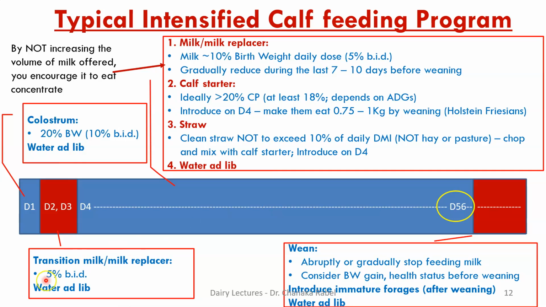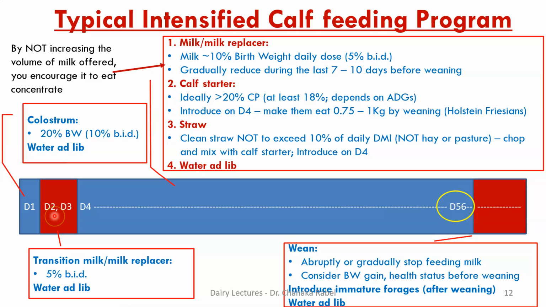So here, 20% of the birth weight on day 1, and day 2 onwards, 10% of the birth weight, which is 5% twice a day. So if it was a 40 kilogram calf, here we gave 8 liters, which is 2 doses of 4 liters each.